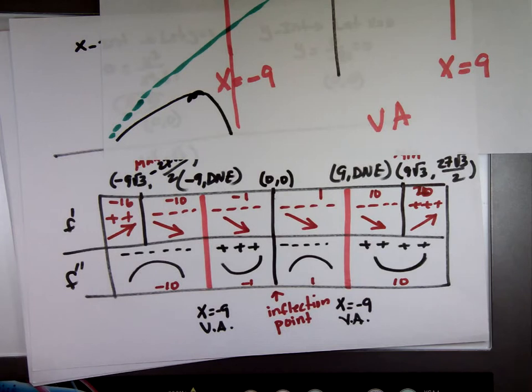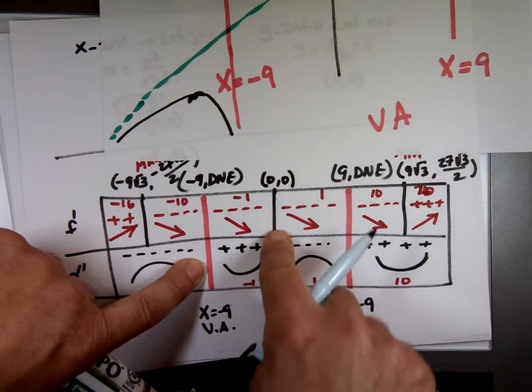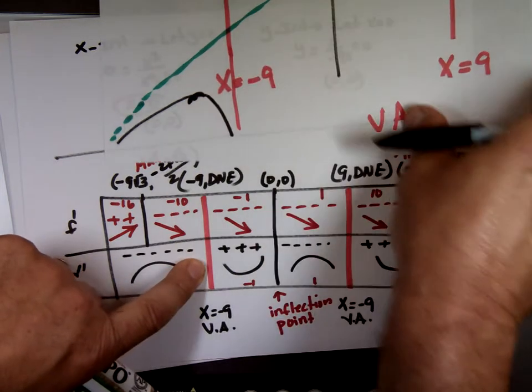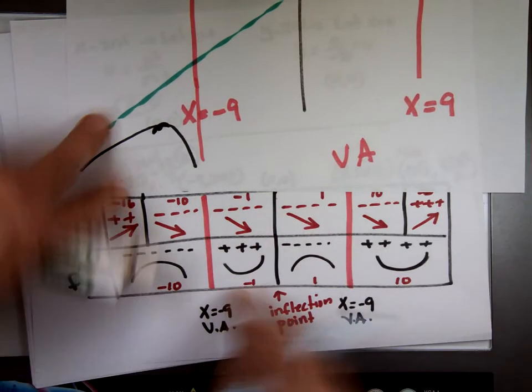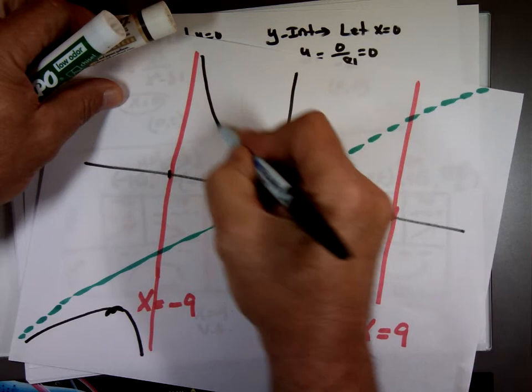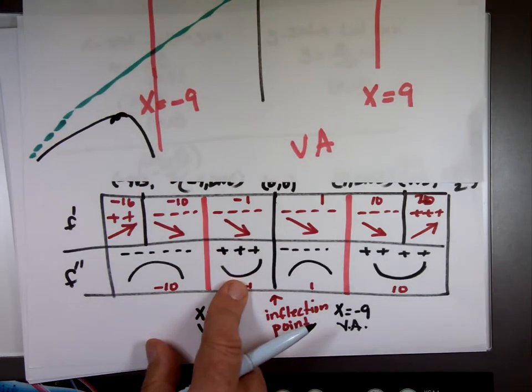Now, from the red line, which is that red line, let's go to the black line. That's this line. From here to there, my function is decreasing concave upward. Decreasing concave upward. It hits that point, then it's decreasing concave down.